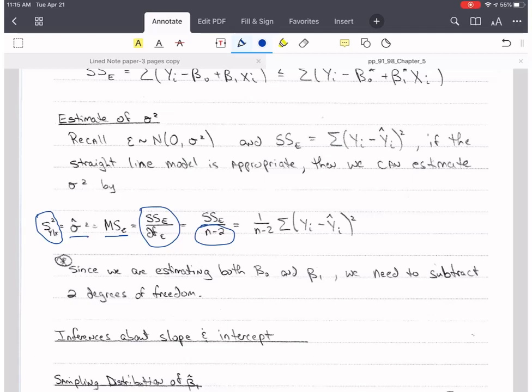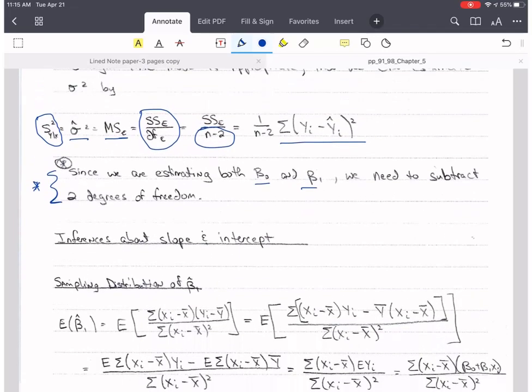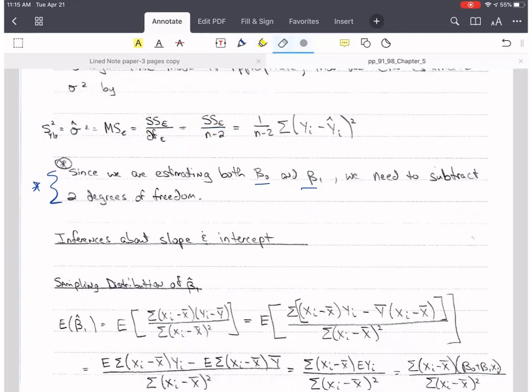So we have 1 over (n minus 2) times the sum of (yi minus yi hat) squared. This is not a very technical explanation, but we are estimating these two parameters, so we need to subtract 2 degrees of freedom. Hopefully we'll have time to get to the technical explanation of this.